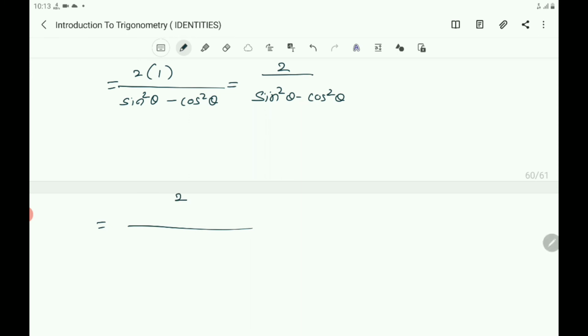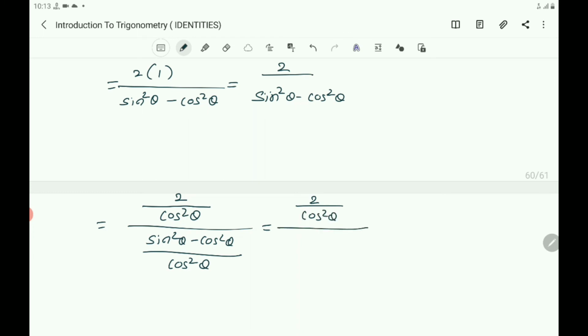So here, to have the same value, you must divide both numerator and denominator by the same value. So you divide 2 by cos square theta, and also sin square theta minus cos square theta divided by cos square theta. That equals 2 by cos square theta.